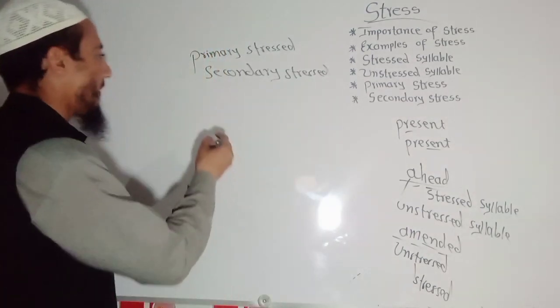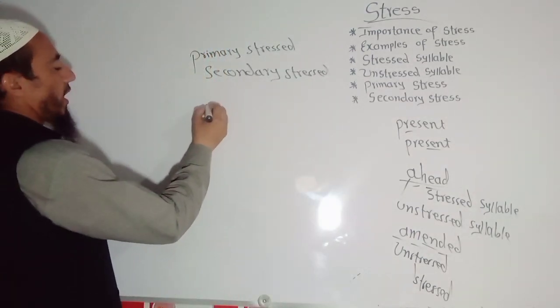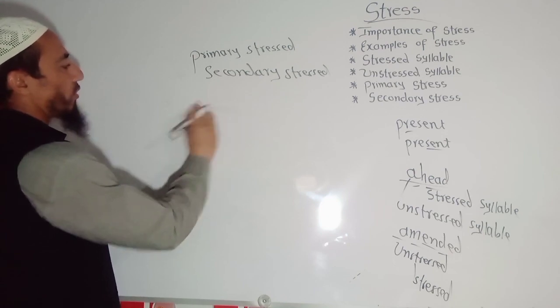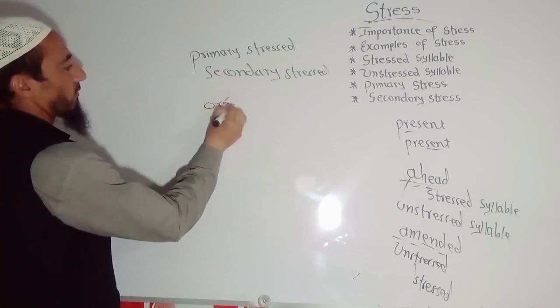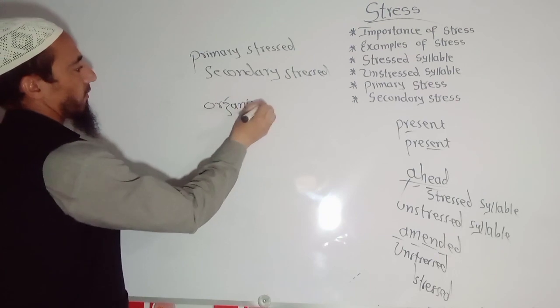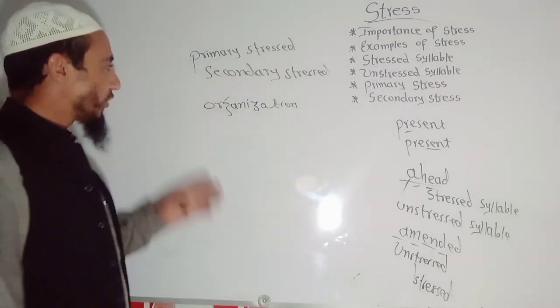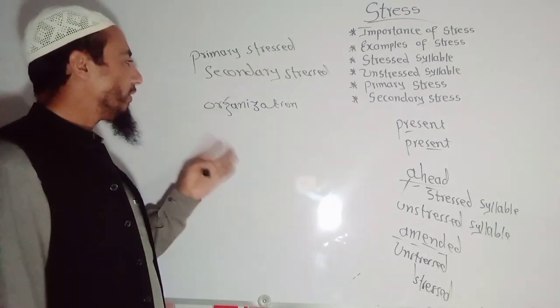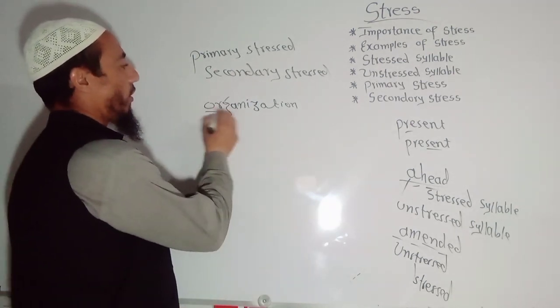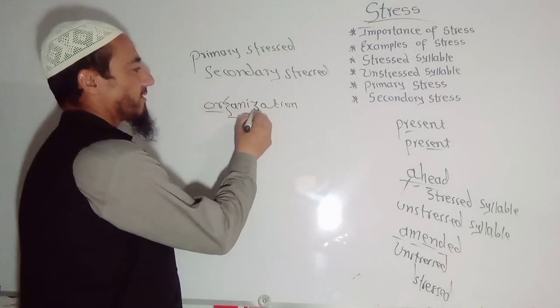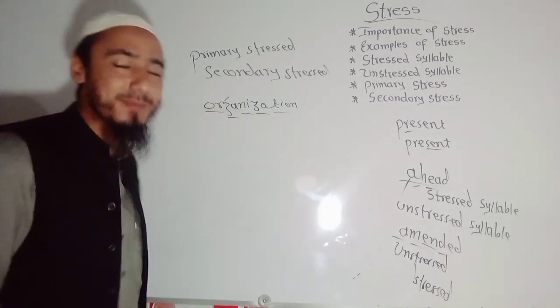For example, if I say examination or organization, organization. So here you see organization. How many syllables are there? Organization. Four syllables are there.